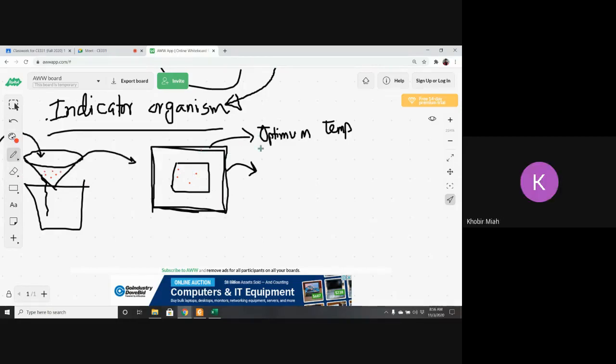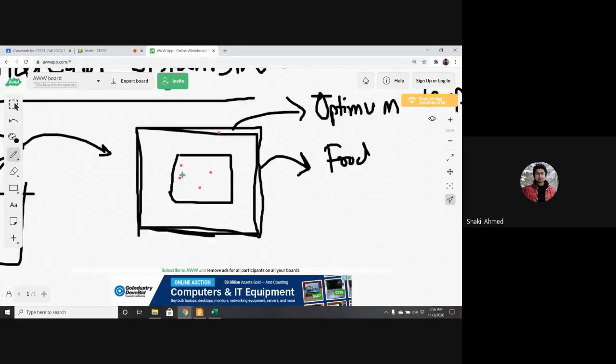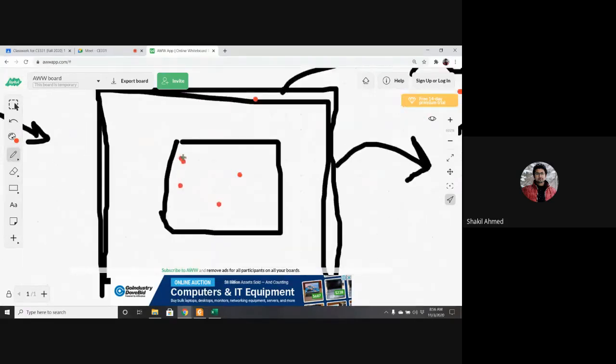Now when you give them enough food and good temperature, then what would happen? This bacteria will grow. One bacterium will produce millions of bacteria. Usually this is a single bacterium. Can you see this with your naked eyes? No. But what happens when they get the optimum temperature and food? They grow billions of bacteria, and they grow in colonies. Is it clear? Yes, sir.